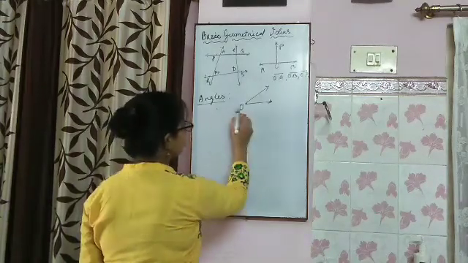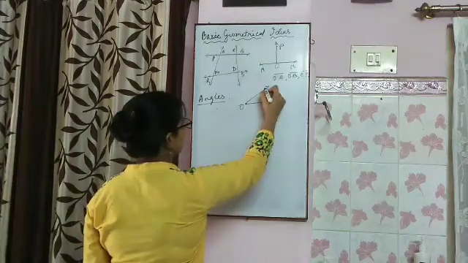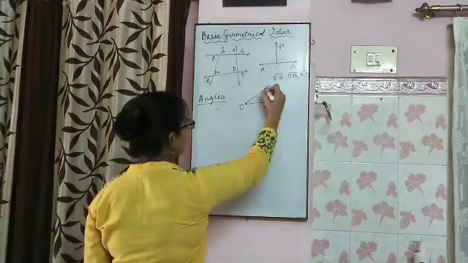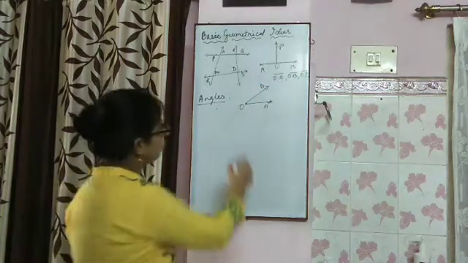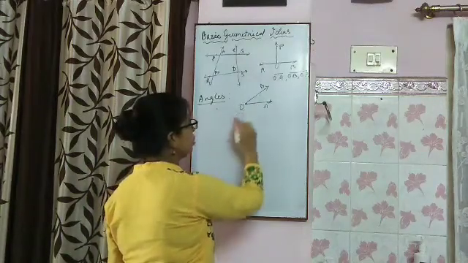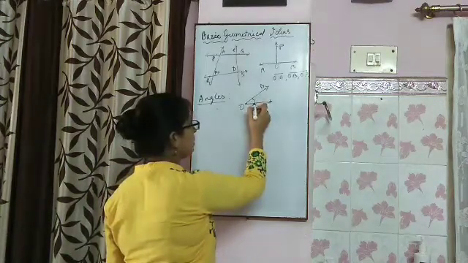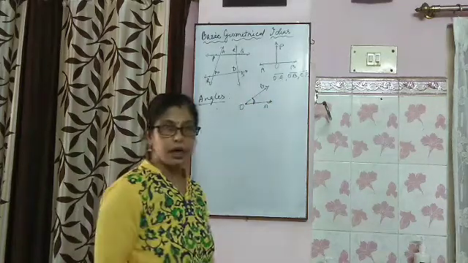Say the fixed point is O, here is A, OA is one ray, say OB is another ray, both have come out from the same fixed point O, then they form an angle. This portion is called an angle.